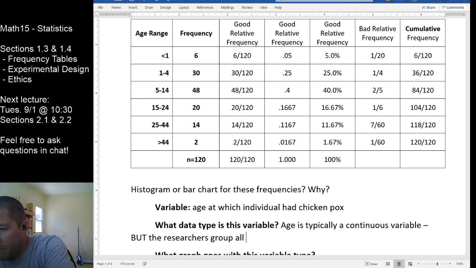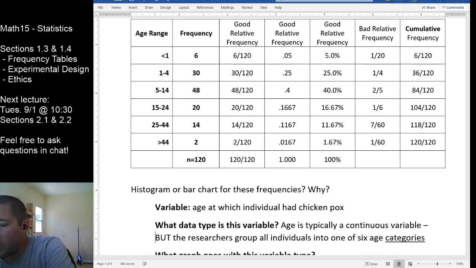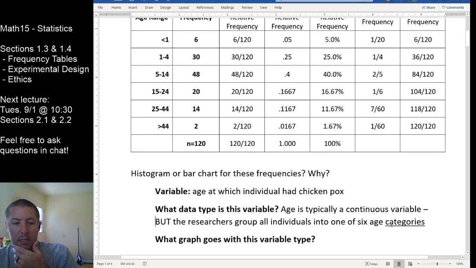group all individuals into one of 6 age, and I'm going to underline, categories. And so I'm going to think of this as a categorical variable because we have categories of ages that we're experiencing here, right? We're not treating an age as a number anymore.